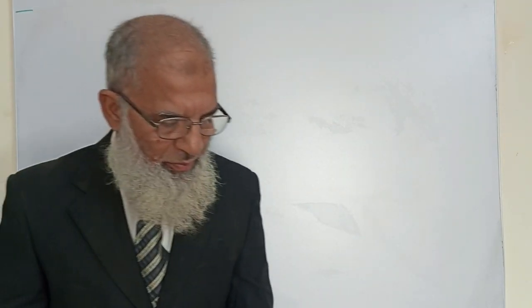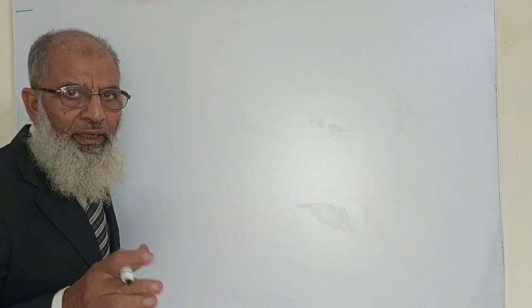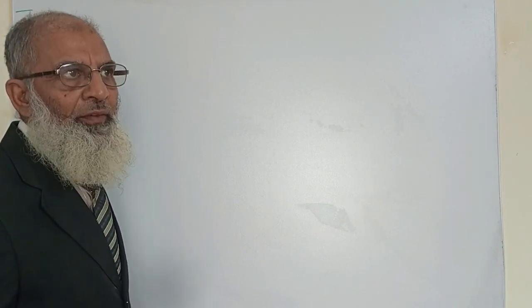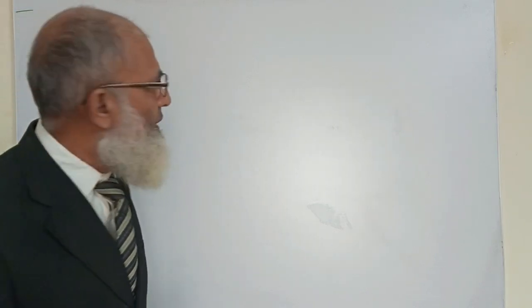So today our topic will be charts. There are three kinds of charts, and I think we have already done some of the charts in my preface of this statistics.